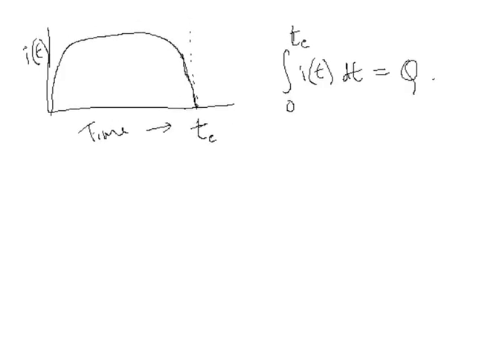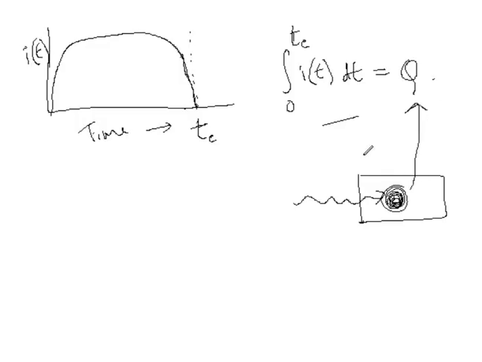So basically the time integral over the duration of the current will be equal to just the total charge generated as a result of the interaction of the radiation with the detector. This is my detector. As a result of this interaction inside the detector, this charge was created, and this is the response.